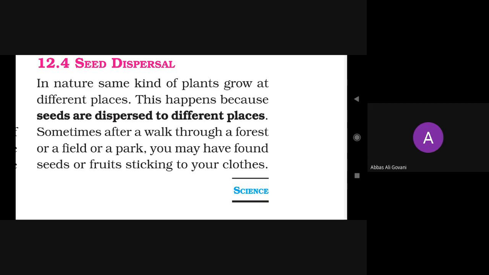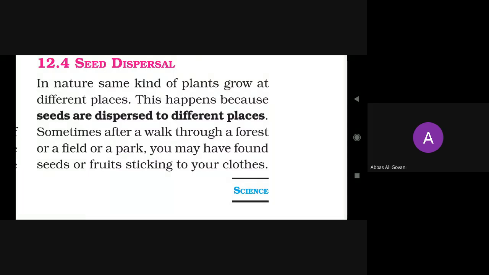See, in nature, some kinds of plants grow at different places. Suppose plants, trees, herbs and shrubs are surrounding our home. That is okay because we planted them. But if you get a plant in a forest, who went there and did the seeding? No one.